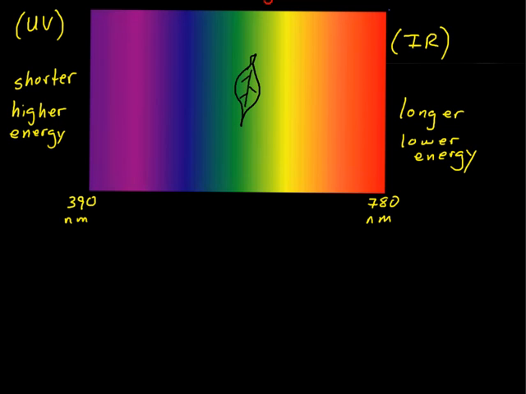We perceive plants to be green because what is actually going on is they're absorbing most of the spectrum that comes in from sunlight, and the waves that they reflect are the waves that they're not actually absorbing and putting to work in photosynthesis. And so we perceive leaves to be green because the light in this part of the spectrum, when it comes to leaves, is for the most part going to be light that is reflected.